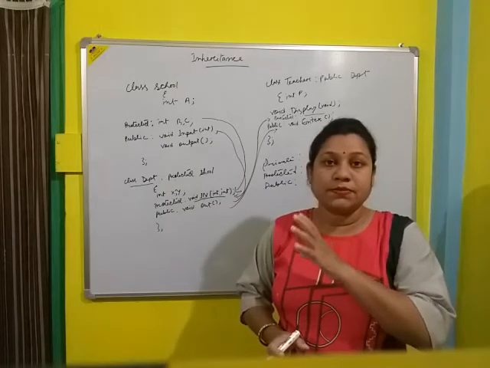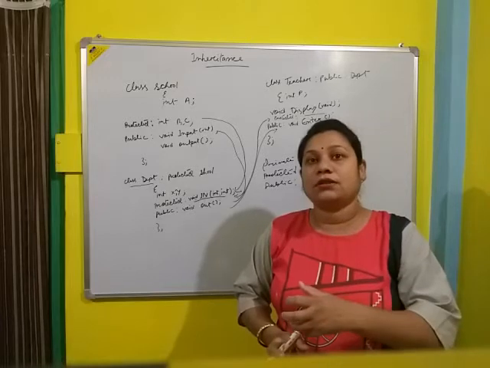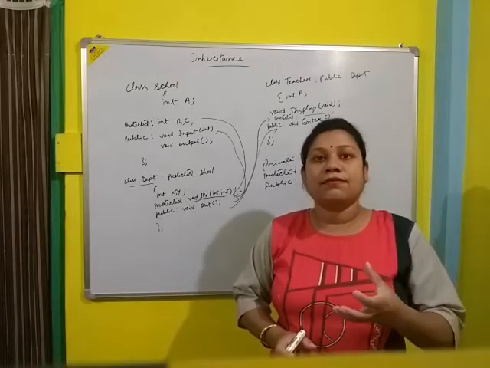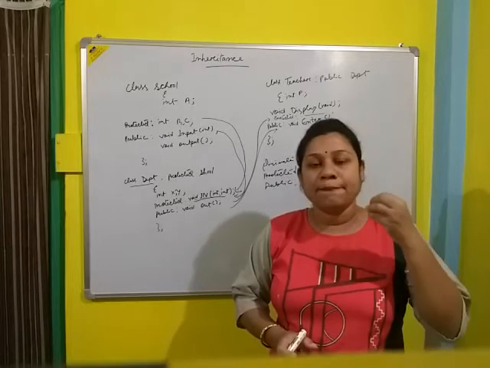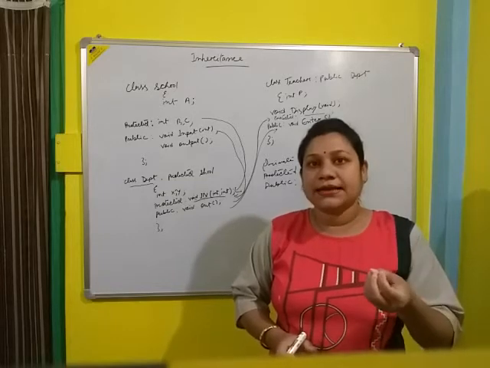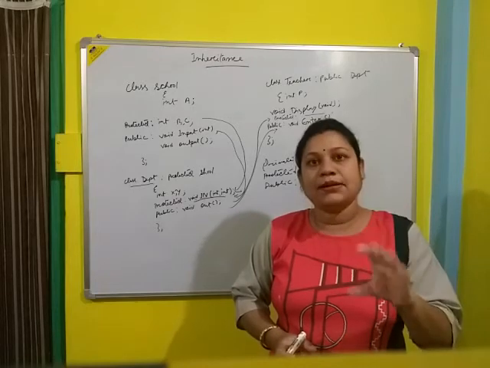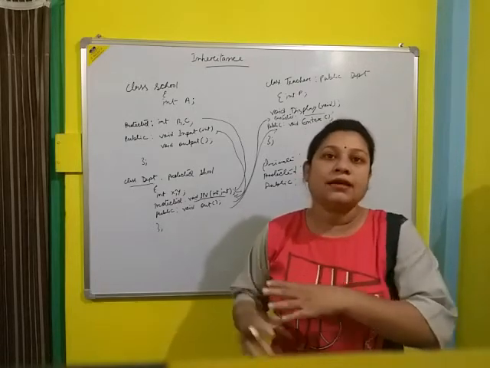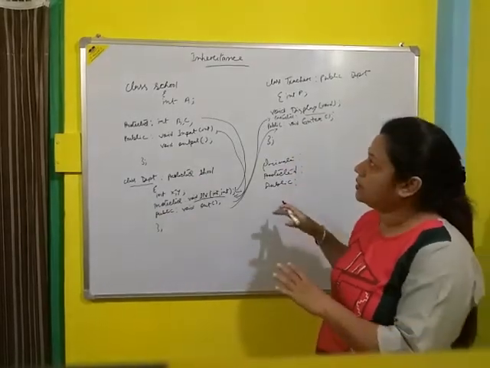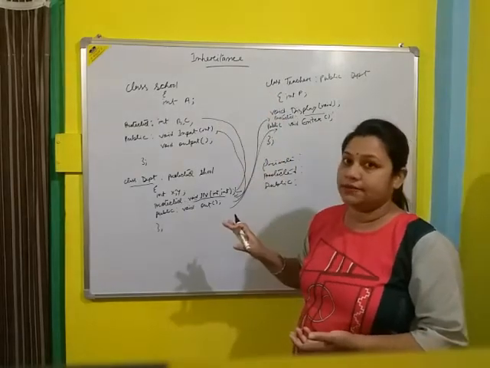Because the base class data members are not declared inside the derived class body, instead we just mention the visibility mode of the base class, and according to that the data members of the base class move to the derived class body. Okay, so this is a program that is developed using the technique of inheritance.